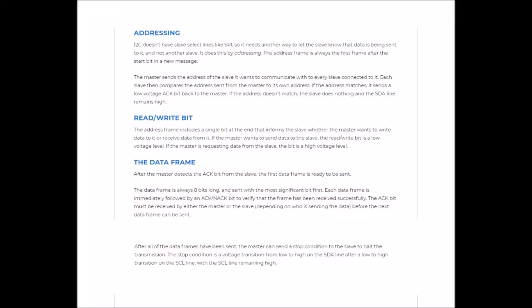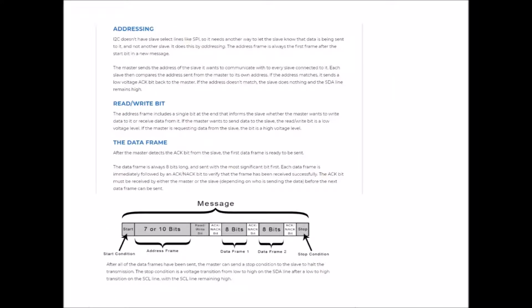Addressing. I2C doesn't have slave select lines like SPI, so it needs another way to let the slave know the data is being sent to it and not another slave. It does this by addressing. The address frame is always the first frame after the start bit in a new message.